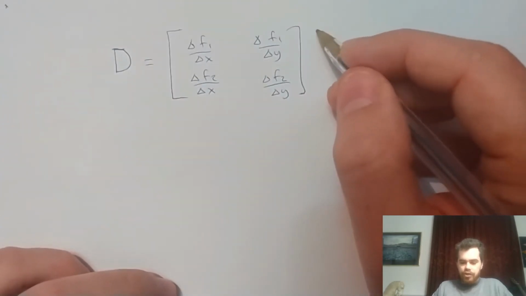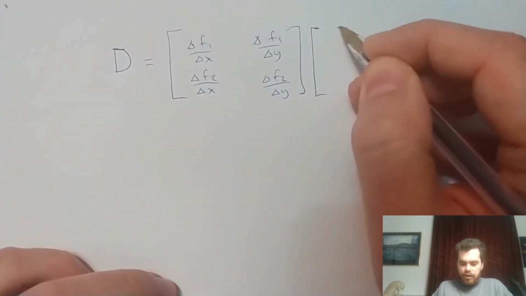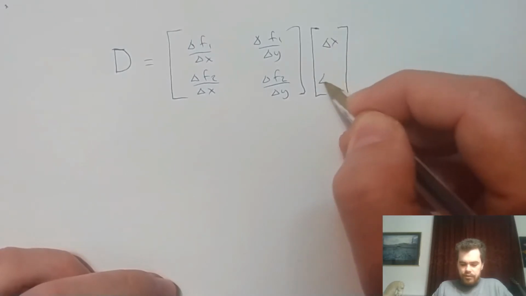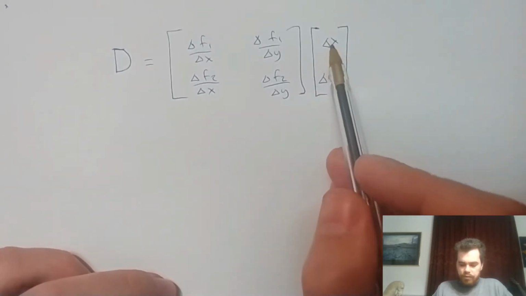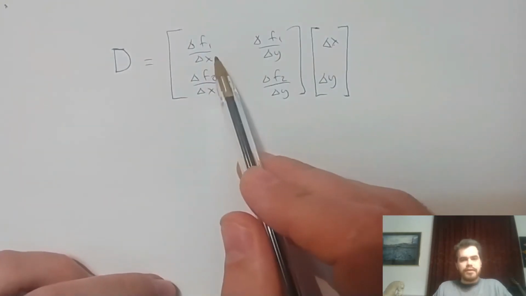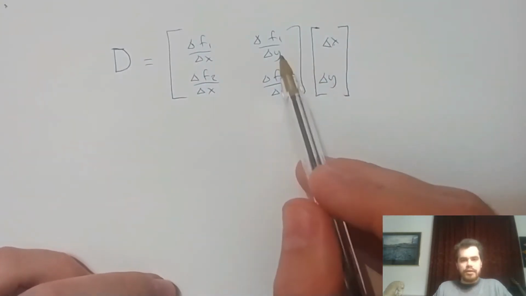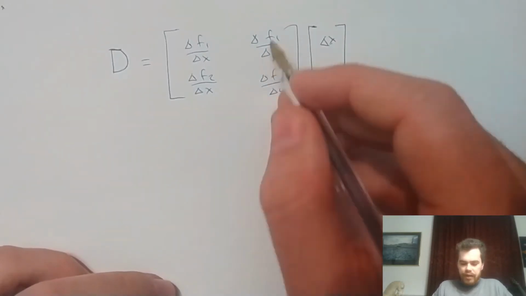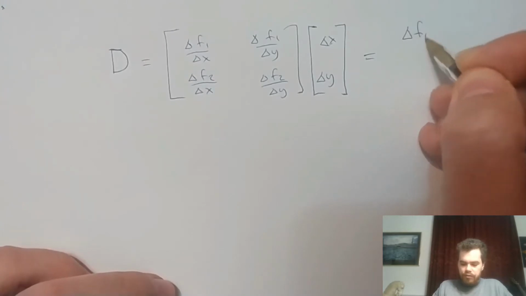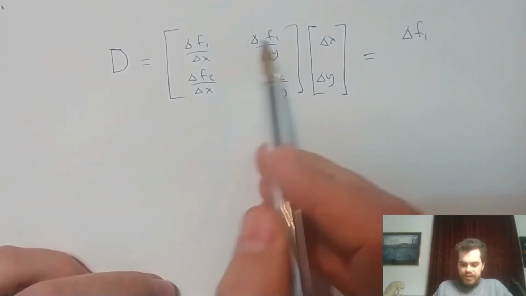So if we were to multiply our approximate Jacobian by a vector of delta x, delta y, well, this delta x would multiply with this term, and the delta x and the delta x would cancel out, and likewise the delta y and the delta y would cancel out, and we'd add these two terms together, and we'd end up with some overall change in f1. This won't be the same as these two f1s.